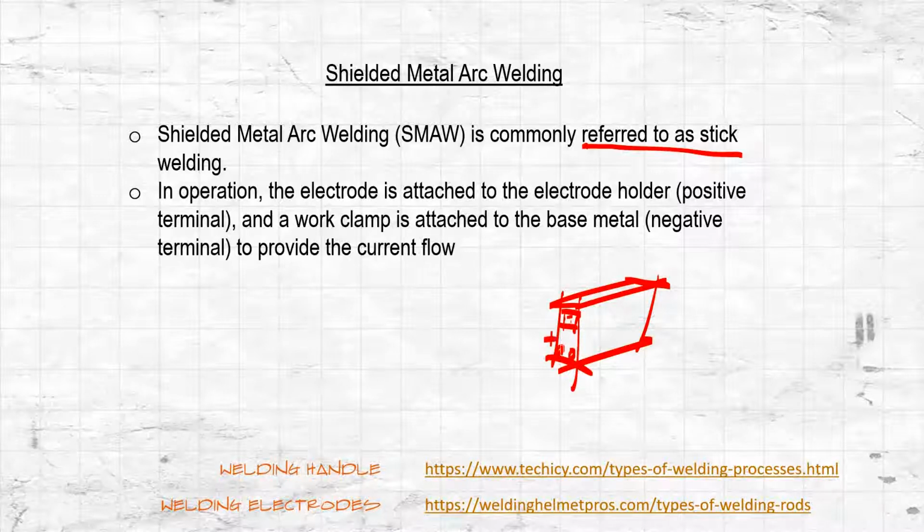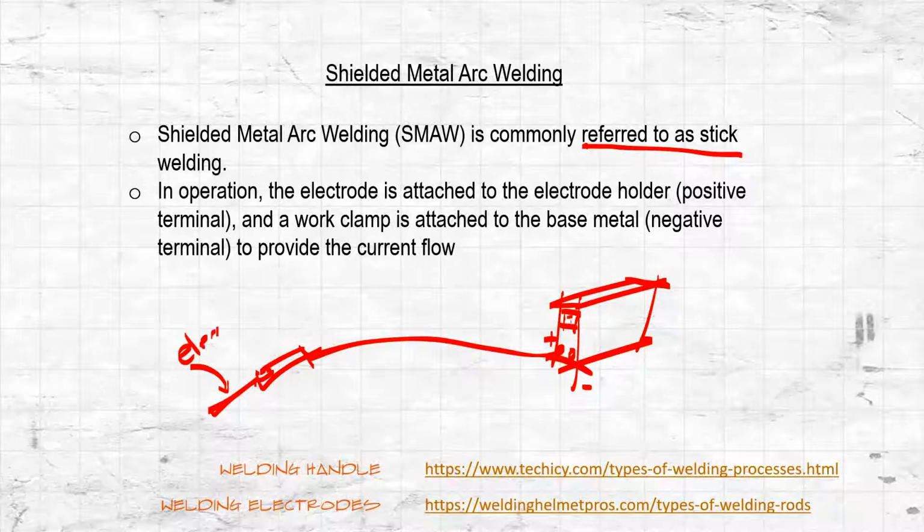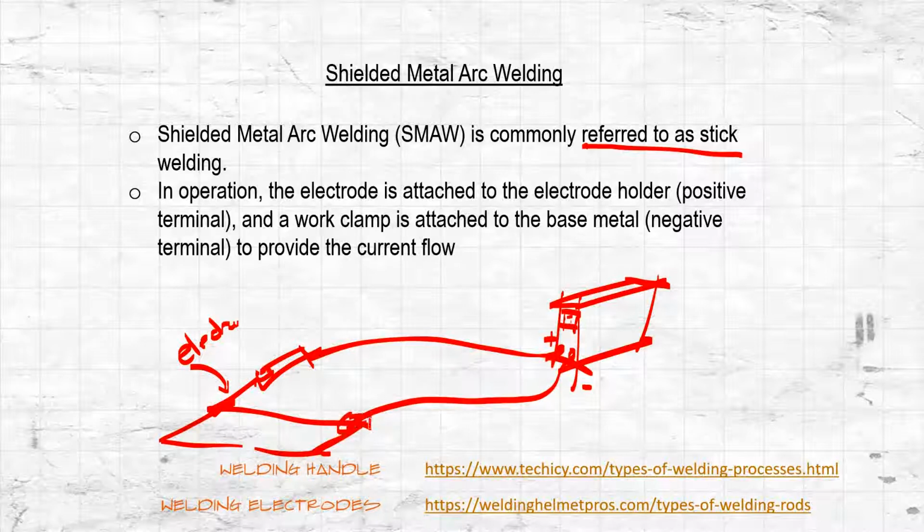There's a positive terminal and a negative terminal. There's one wire that's attached to the holder. Let's say this is the holder, in that holder there's an electrode, and this is the workpiece. In the other terminal there is a clamp.